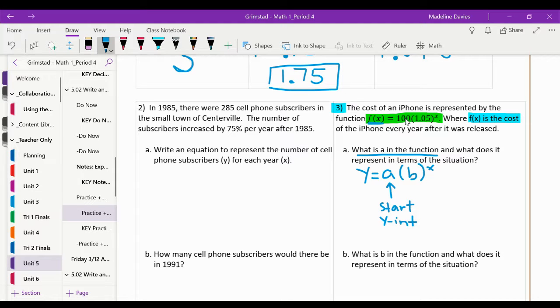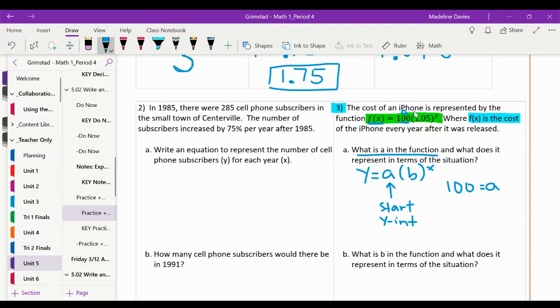So looking at this function up here, I see that 100 is in the a position. So I know that 100 equals a. But now I need to know, what does that mean, or what does it represent in terms of the situation? So I need to go back.